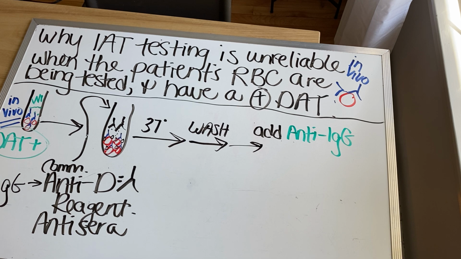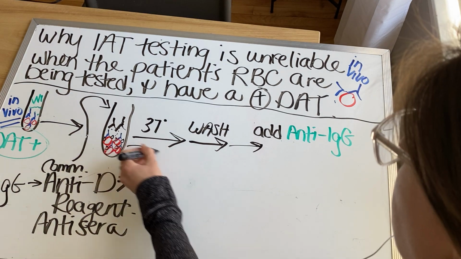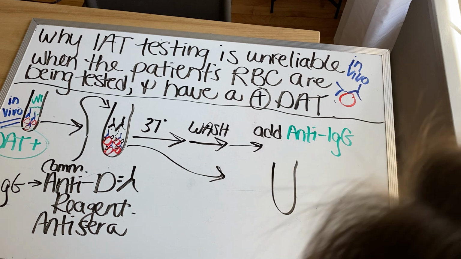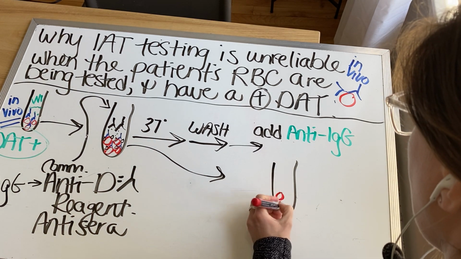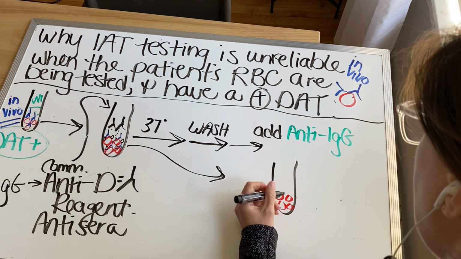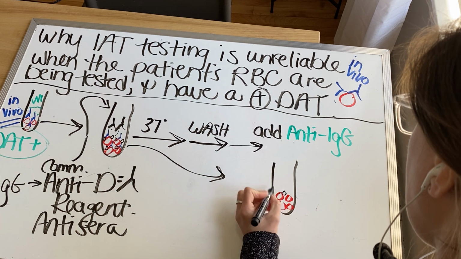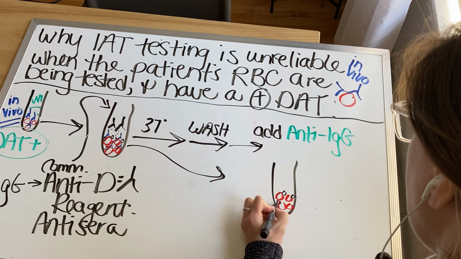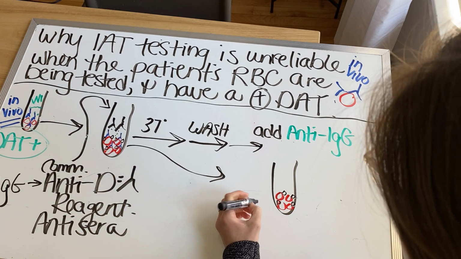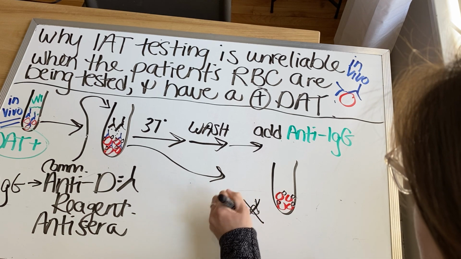The problem here, this is where the whole problem comes up. If this tube has D antigens on it, oh, I shouldn't say little d. That sounds like I'm saying something else. I'm not saying that.